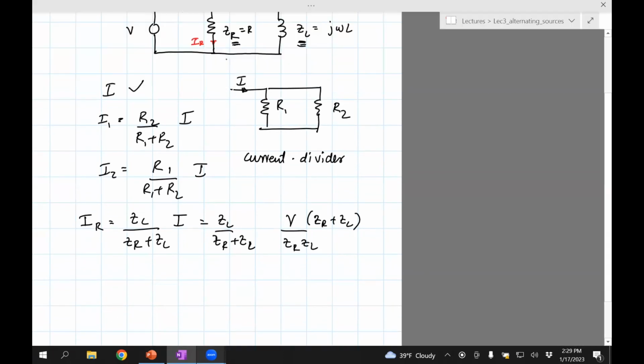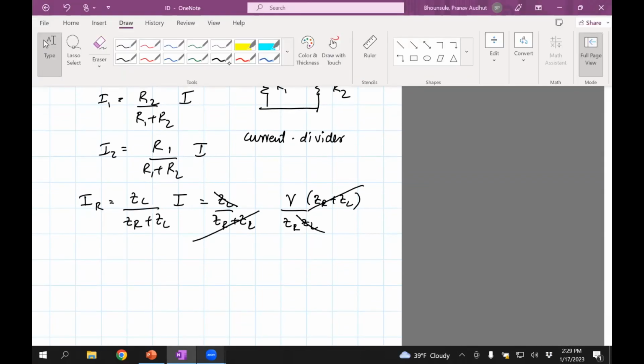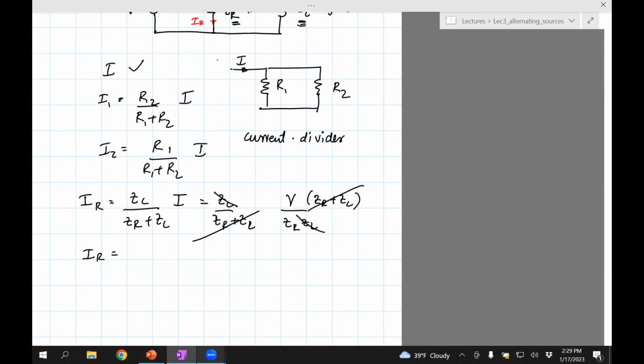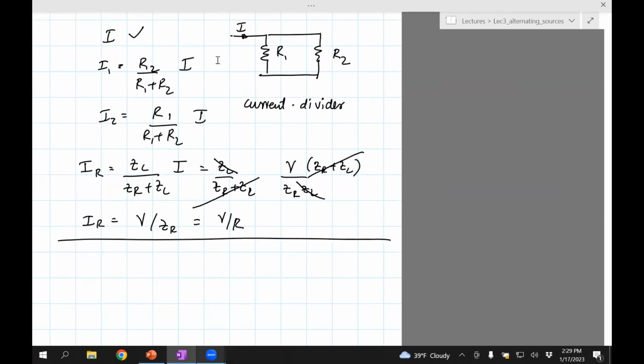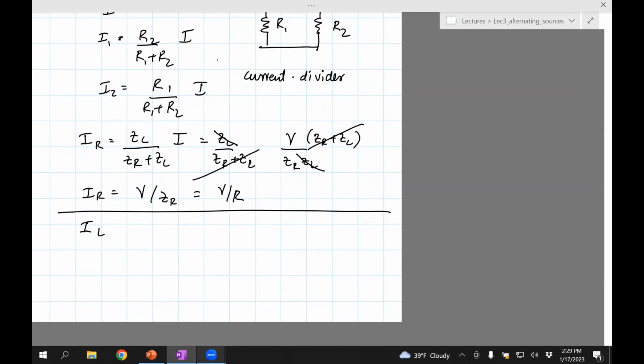So the ZL cancels with this ZL, this ZR plus ZL cancels with this, and we're left with IR equals V divided by ZR, which is V divided by R. Similarly, I can write down IL as ZR divided by ZR plus ZL times I, which is ZR divided by ZR plus ZL times V divided by ZR ZL over ZR plus ZL.